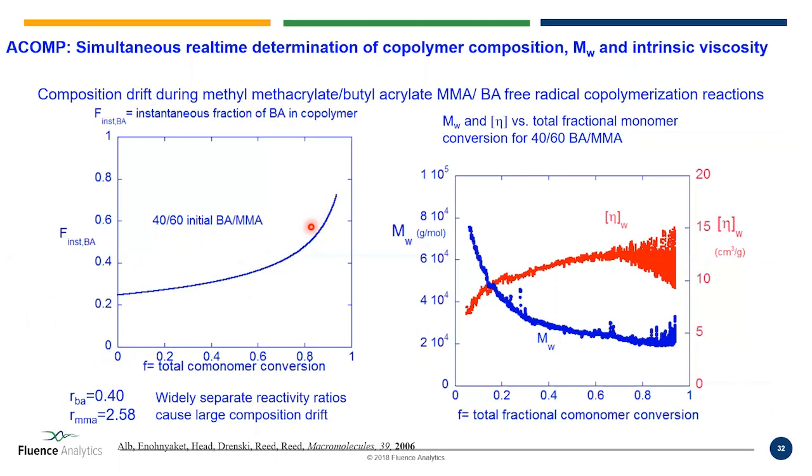So the chains as we go along get richer and richer in butyl acrylate, and that's because methyl methacrylate has a much higher reactivity ratio than butyl acrylate, so it eats itself up more quickly, leaving more butyl acrylate, so it's getting richer in butyl acrylate. So we're measuring that. At the same time, we're measuring the weight average molecular weight. You can see that coming down, very classical for a free radical reaction, and the intrinsic viscosity. So we have the package of characteristics being measured in real time.